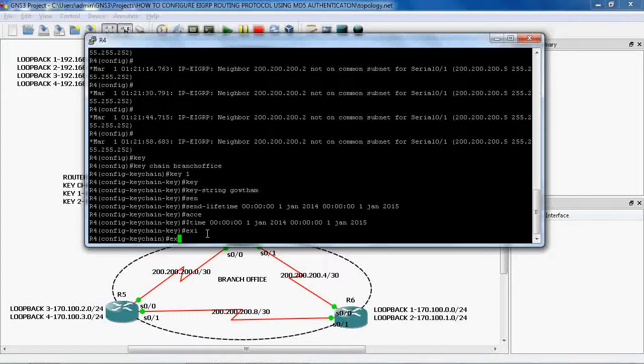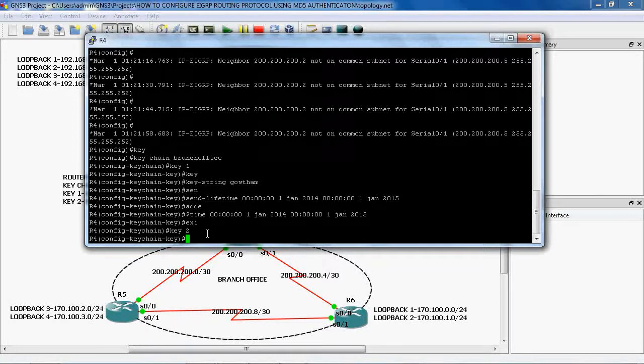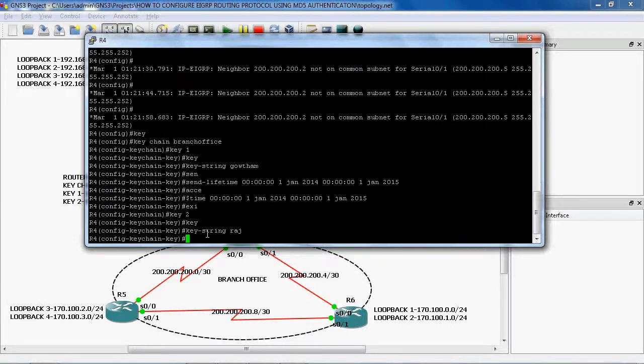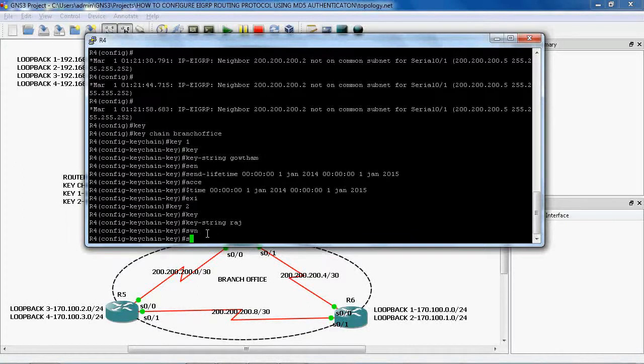Next we can create the key 2, key space 2. Next we can mention the name of the key 2, so key hyphen string. So the name of the key 2 is Raj. Enter. So here also I will mention send lifetime and accept lifetime.